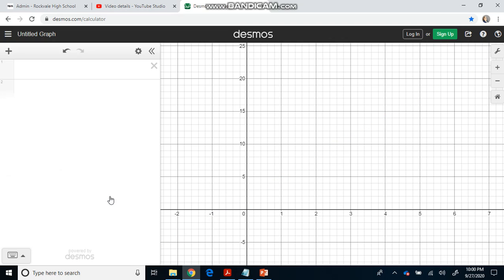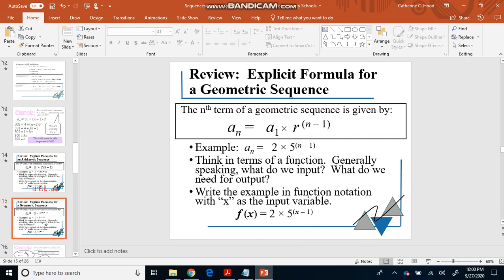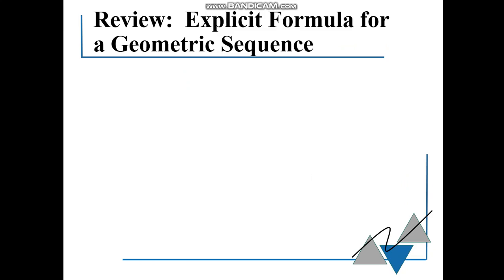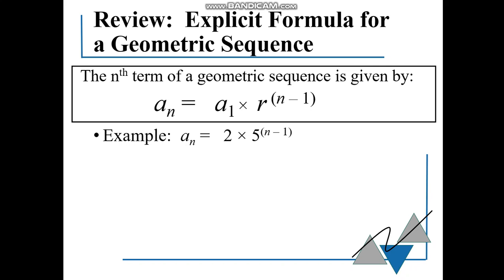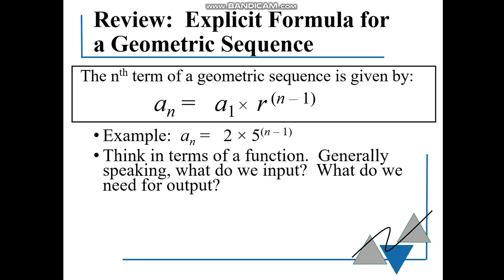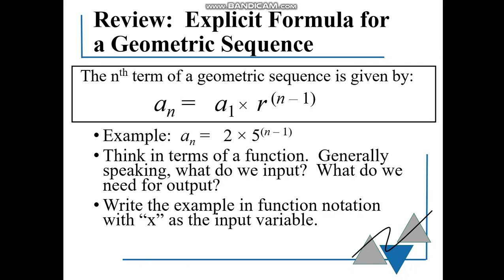Let's go back and look at a geometric sequence. Here's our formula for the nth term of a geometric sequence. Here's an example that I found. Again, the input's going to be n, so if we're going to write it in function notation, it's going to look like this. Let's go over to Desmos and see what this looks like if we graph it.